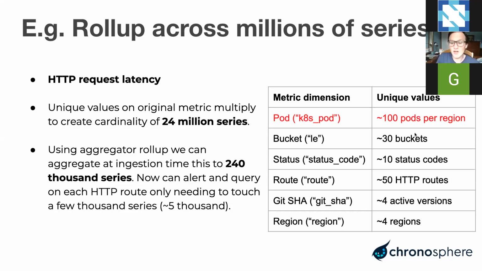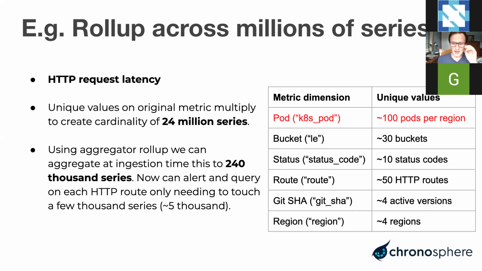So we would have a dimension called bucket, and let's say we have 30 different buckets that make up that histogram. Then let's say we have 10 different status codes, 50 different routes, 4 active versions, 4 regions, and again this pod dimension, which are ephemeral pod names that are changing over time, of 100. If you multiply all those together, this metric would be comprised of 24 million series under the hood.